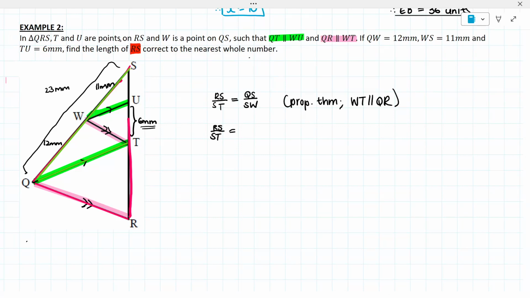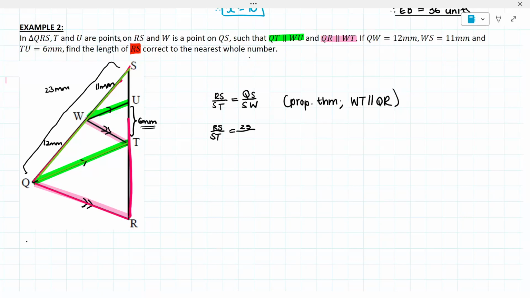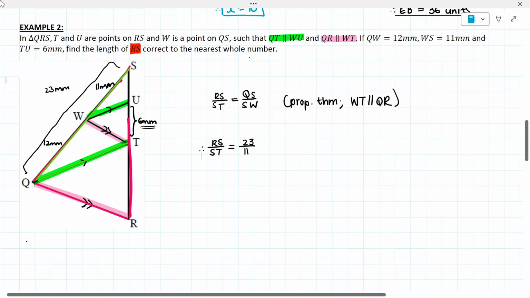QS, remember we spoke about the fact that QS is the whole thing, so that's 23 millimeters over SW, which is the 11 millimeters we were given earlier. 23 over 11, right. So that's what we have.